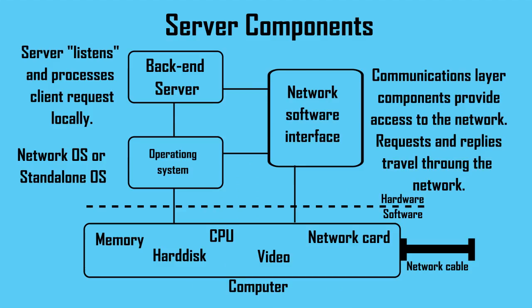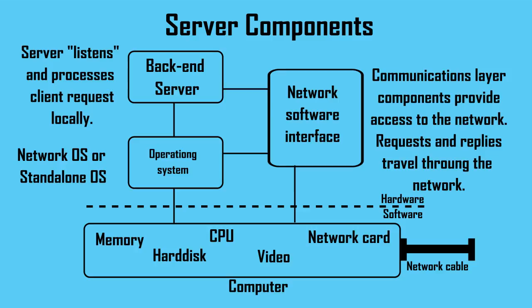So what are the server components? There are so many things that you can find in servers. One thing is file services. Another thing is print services. You can also have fax services, communication services, database services, which is the most common one, transaction services, and other miscellaneous services. As you can see in this diagram, these are the server components.